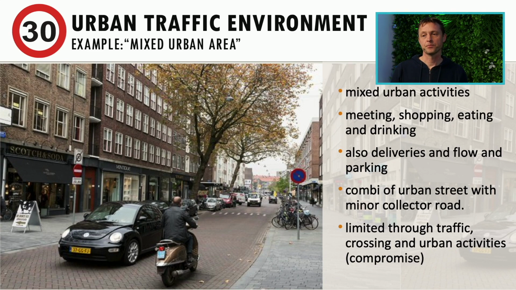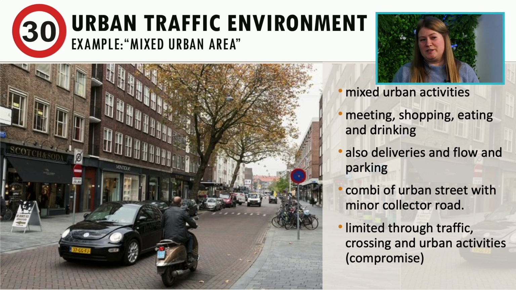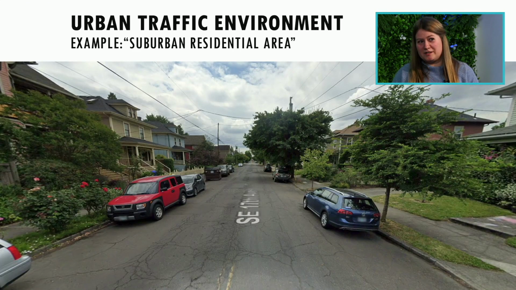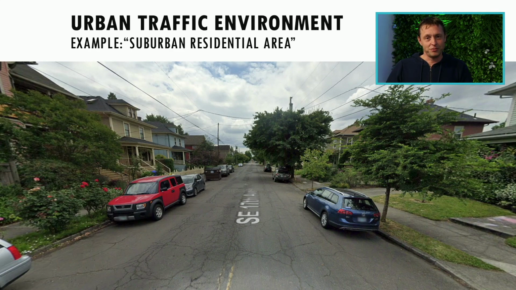Okay, and we also have neighborhoods that are mostly residential, where mostly people live, so we get something like this. Could you tell something more about this kind of street or area? I call this a suburban residential area. Of course, there are different types of residential areas, and they may have their own urban traffic environment set of conditions.